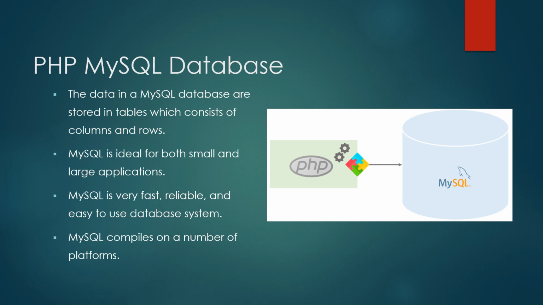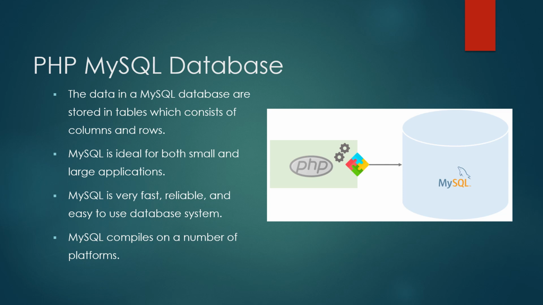Now, MySQL is an open source relational database management system. It's the most popular database system used with PHP. Now, MySQL is developed, distributed, and supported by the Oracle Corporation. Now, the data in a MySQL database is stored in tables, which consist of, like we talked about, columns and rows.